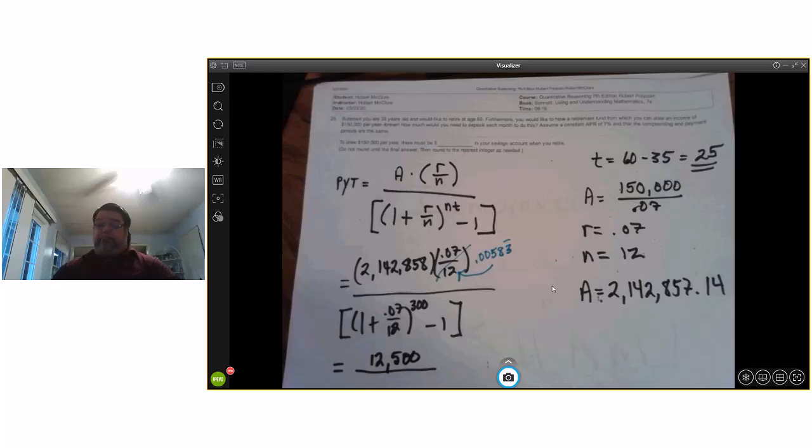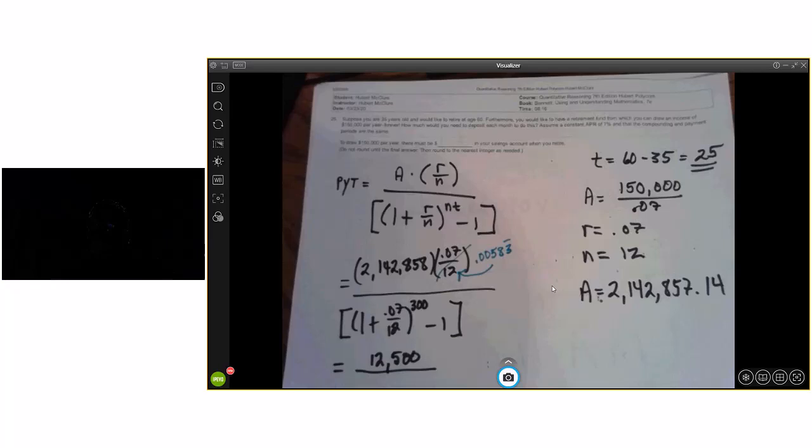And now I'm going to do the bottom. Now I'm going to say it out loud and just let y'all work it on your calculator. 0.07 divided by 12, and that's equal to 0.005833. I'm going to add that to 1. That's going to be 1.0058.